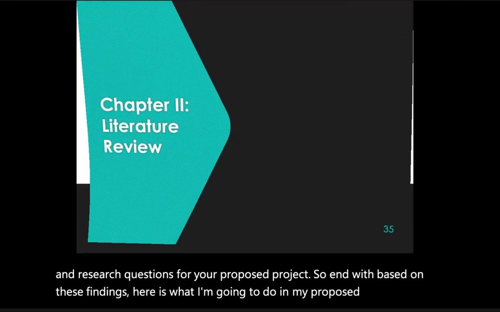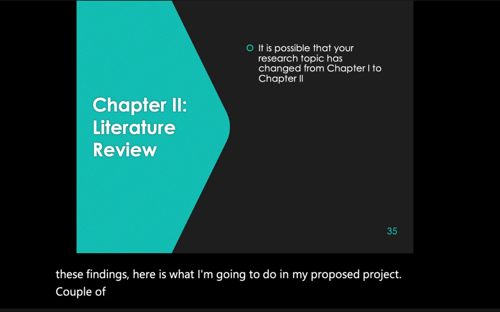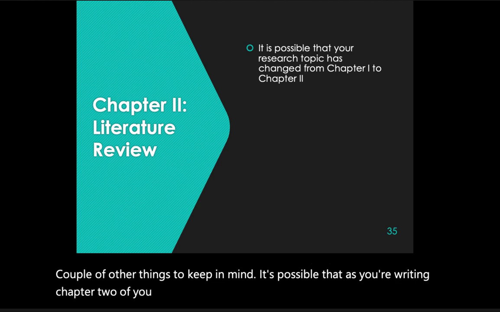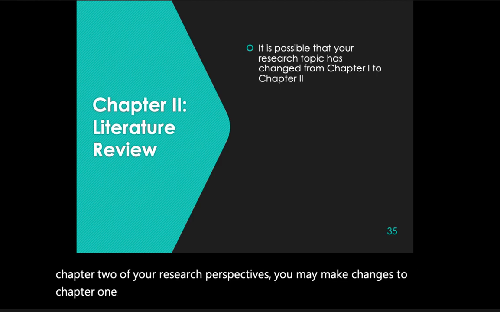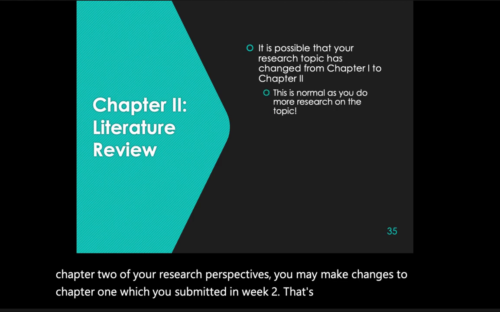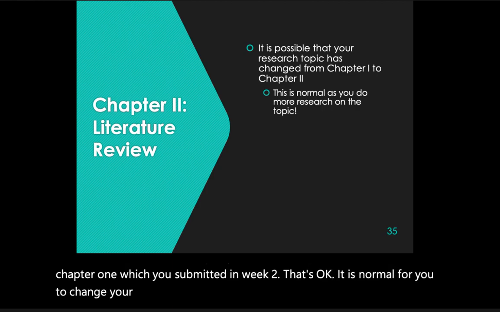Couple of other things to keep in mind. It's possible that as you're writing chapter 2 of your research prospectus, you may make changes to chapter 1, which you submitted in week 2. That's okay. It is normal for you to change your research topic as you read more about the current base of literature that's out there on the topic.